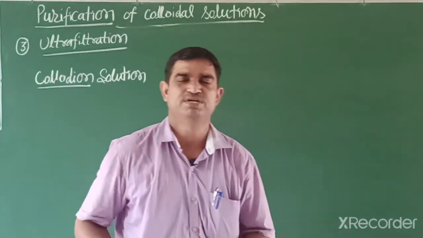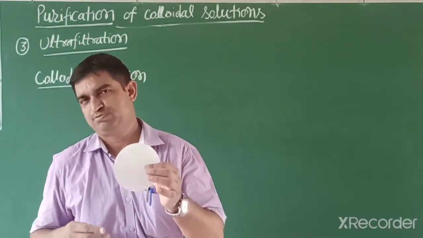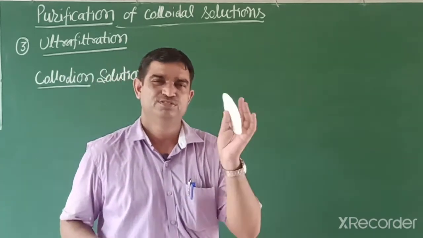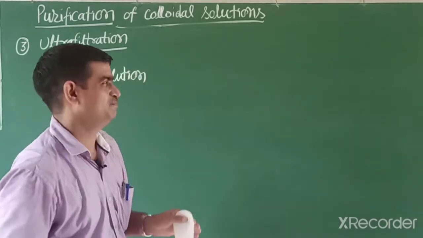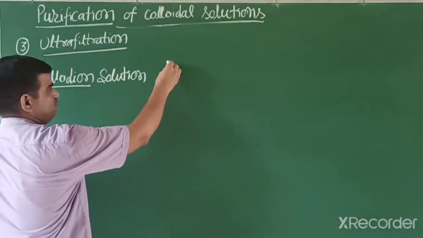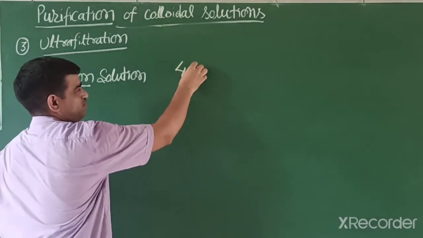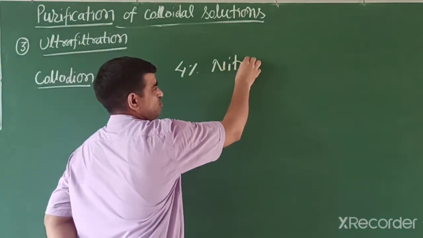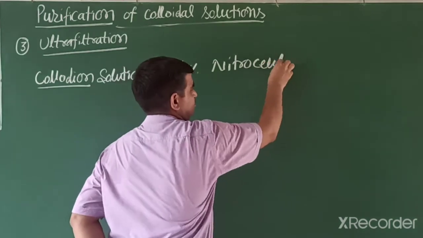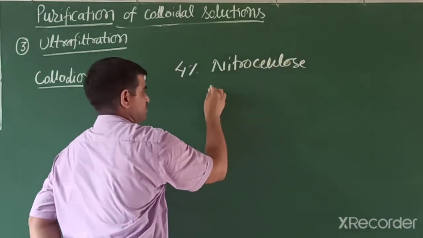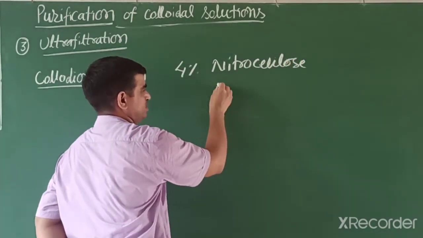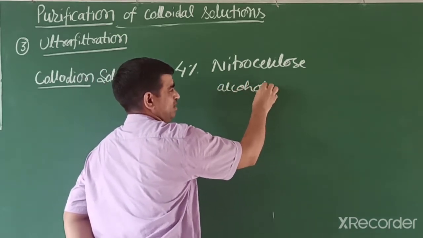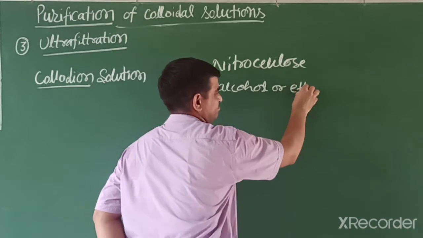So we have to make a special filter paper to retain colloid particles above it. This filter paper is dipped in a particular solution, 4% nitrocellulose in alcohol or ether.